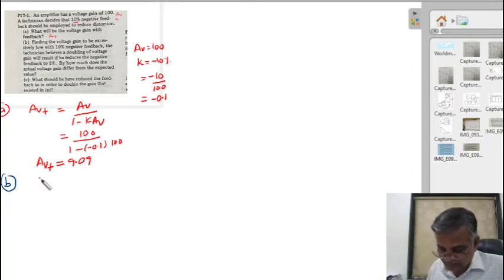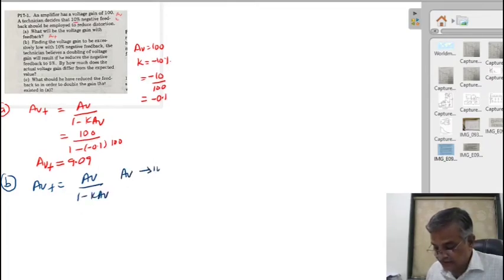So let me write here, AVF is nothing but AV upon 1 minus KV. What is AV? AV is initially 100. Now how much are you making it? 200. Because he told you, finding the voltage gain to be extremely low, means excessively low with 10% negative feedback.